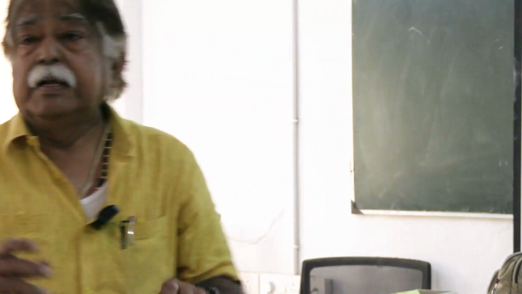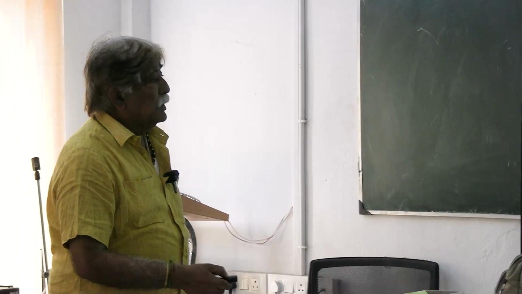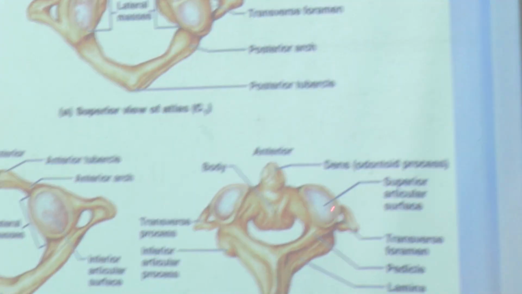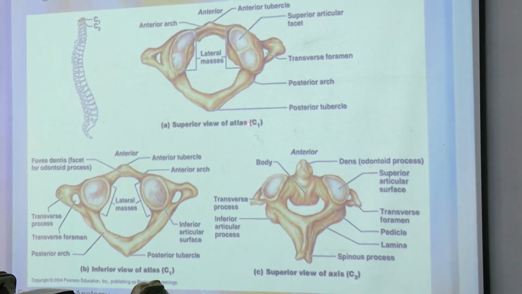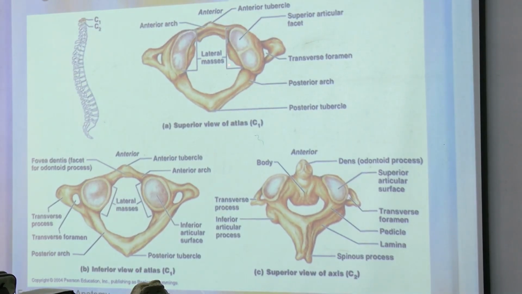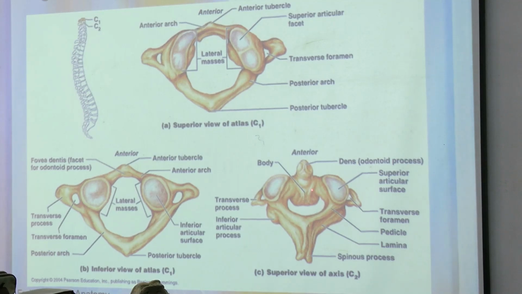Now you see that the axis has the odontoid process, and the superior articular surface that articulates with the inferior articular surface of the atlas. This is the first, the second.